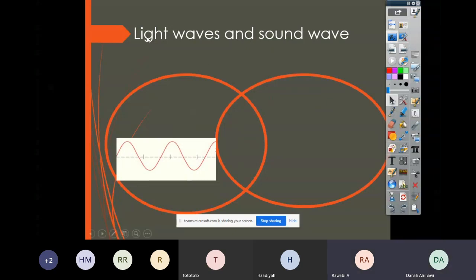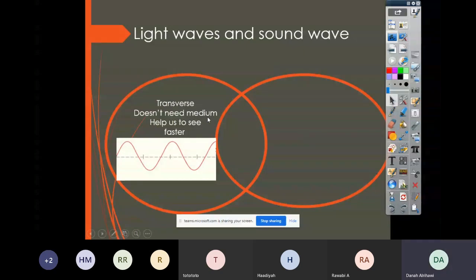Light. Amazing, this is a light wave. The light wave is a transverse wave, like what Hadia said. The light helps us to see, and it doesn't need a medium to transfer through.